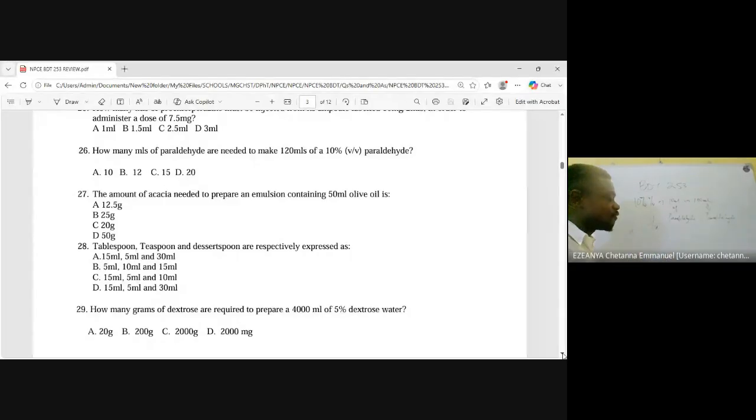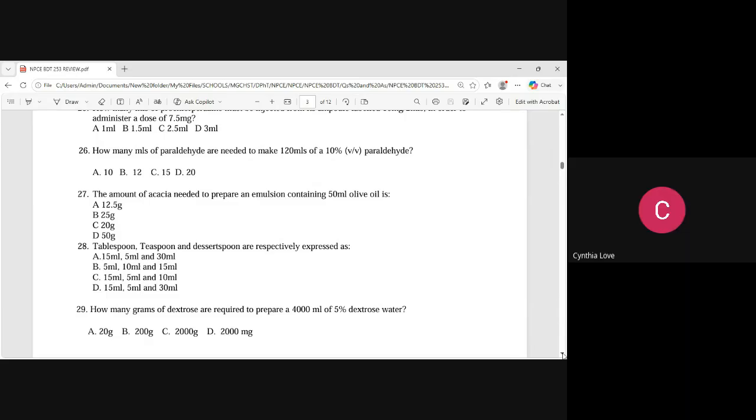Sometimes you can still see gram per gram or milligram per gram. This will tell you that the drug itself is a solid, and the one below shows that the entire product is still solid. This is obtainable in powder preparations. Am I communicating? Yes, sir.